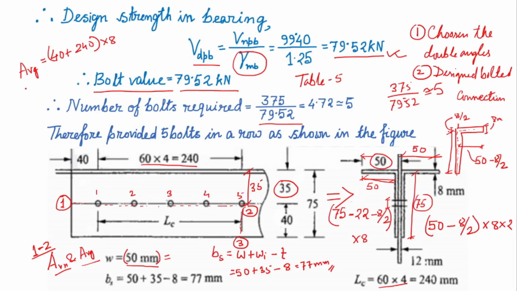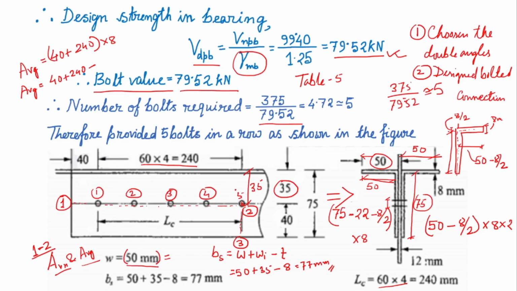Then AVN. AVN is the net area along the section 1, 2. So 40 plus 240 minus, we have to subtract the diameter of the bolt hole. Here we have to subtract 4 full diameters, 1, 2, 3 and 4, and then for the 5th half of the diameter, because the failure plane for the block shear, which is 1 to 2, is up to the center line of the 5th bolt.